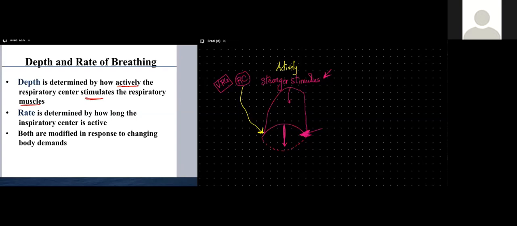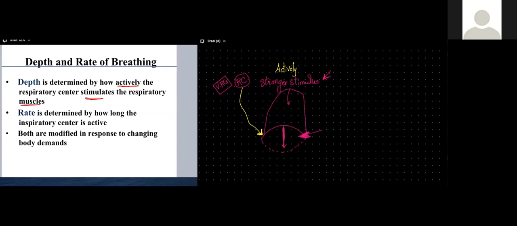But what determines the rate of breathing is for how long you activate your inspiratory center. The longer you activate the respiratory centers, the more stimulations will arise, and each of them will result in a muscle contraction.